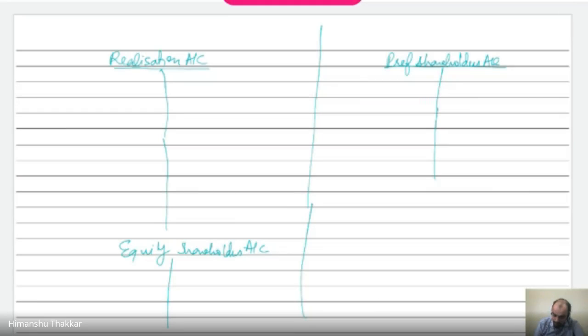To investment, 1 lakh. To stock, 4 lakh 60,000. Debtors, 4 lakh 80,000. To bank, 3 lakh.